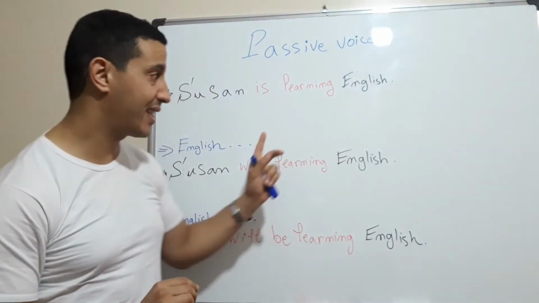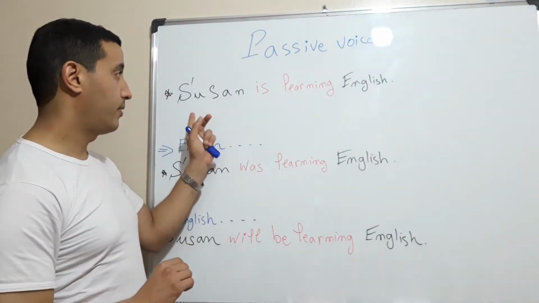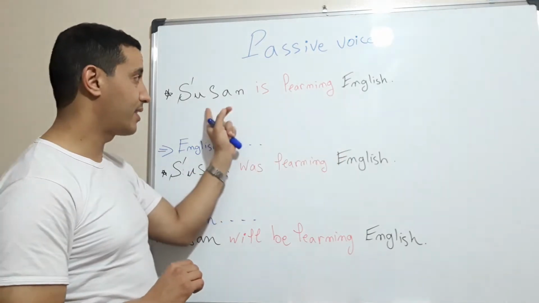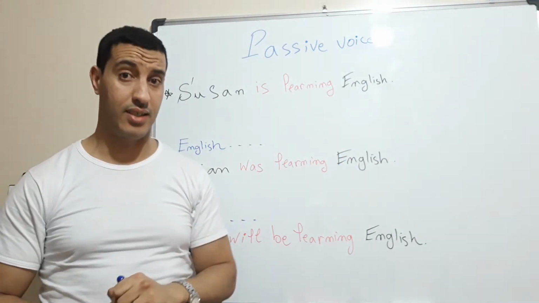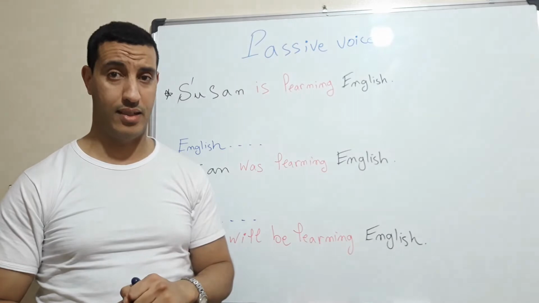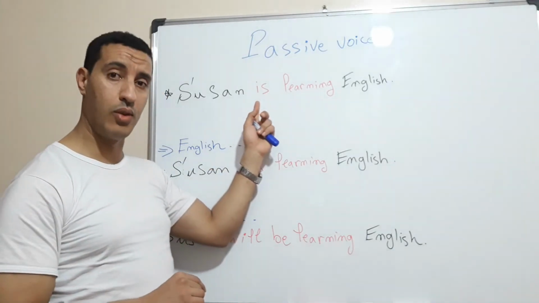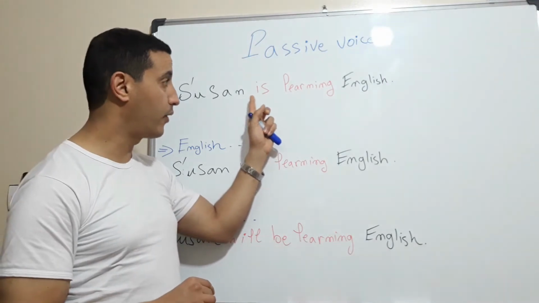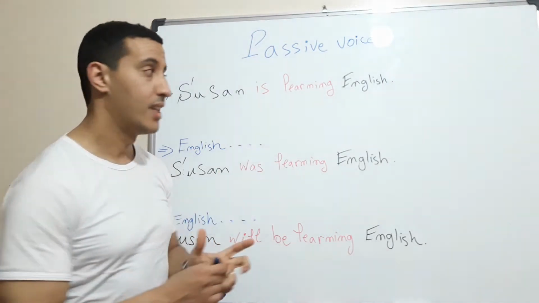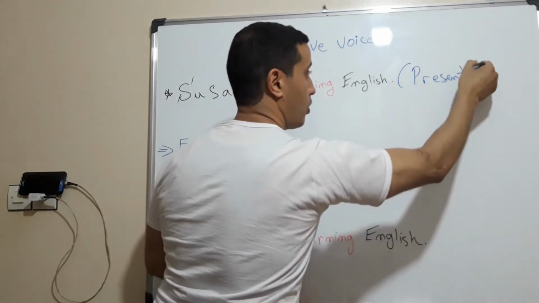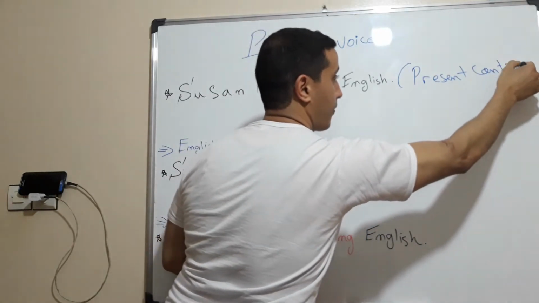So let's have a look at these sentences. Susan is learning English. So this sentence, is it simple present, present continuous, past continuous or future continuous? It is present continuous. How do I know? Because we have the verb to be in the present. So this is present continuous or present progressive.